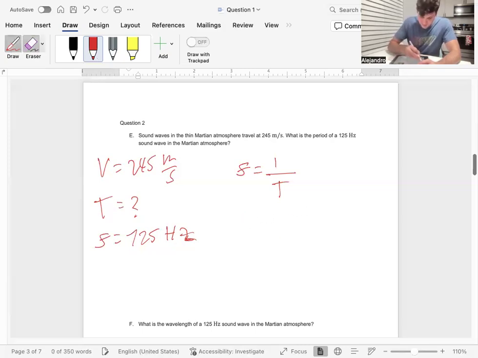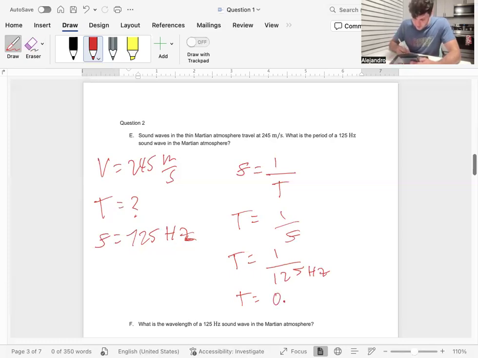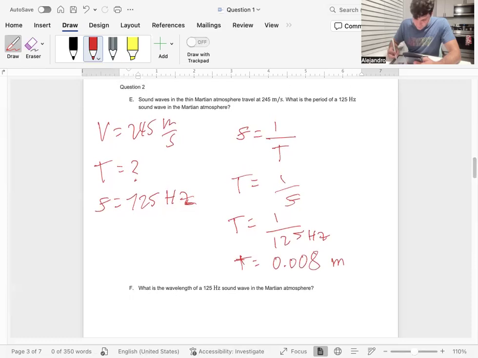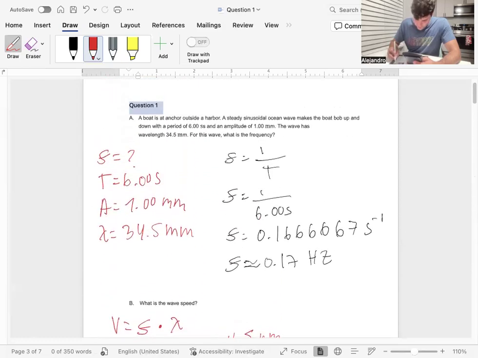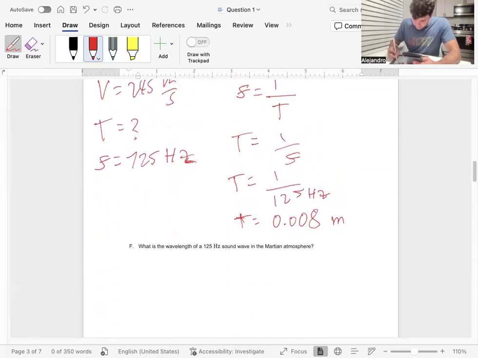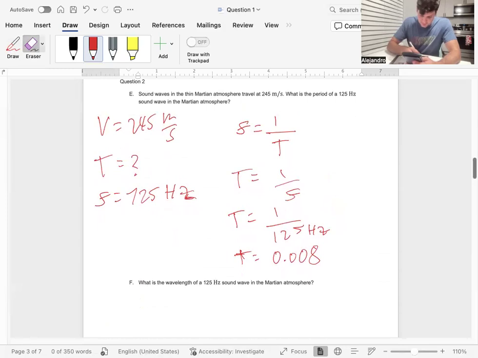Let's rearrange for the period. The period is going to be roughly 0.008 meters. I'm sorry, seconds.